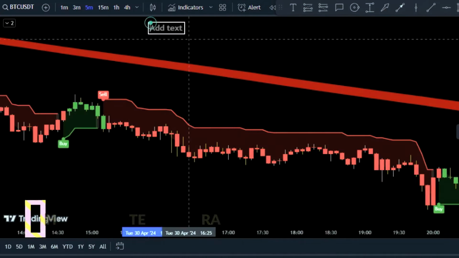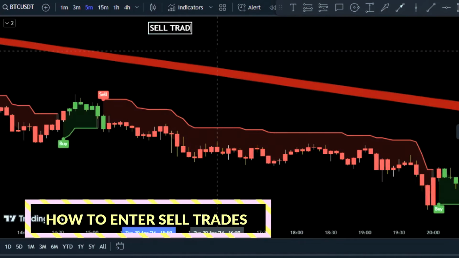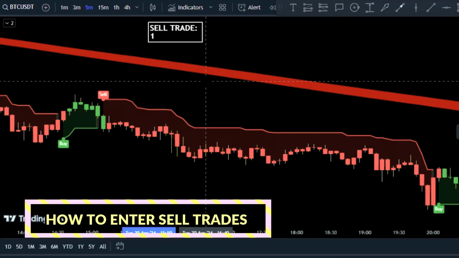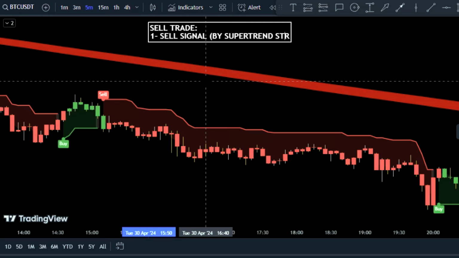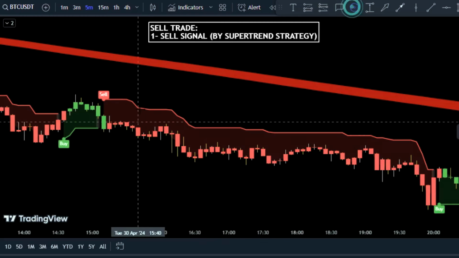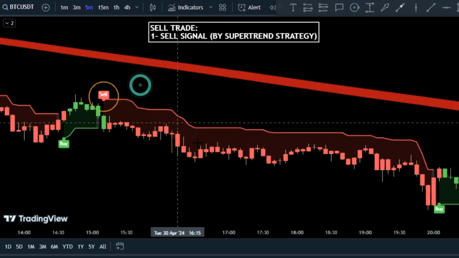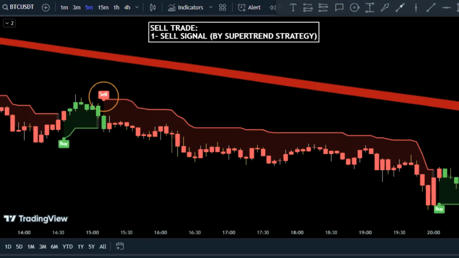Now let's discuss how to make profitable sell trades using the super trend strategy and the market bias indicator. For sell trades, we're going to follow a similar approach, just with a focus on downward trends. First, we need a sell signal on the chart from the super trend strategy indicator. This will be our initial cue to consider entering a sell trade.